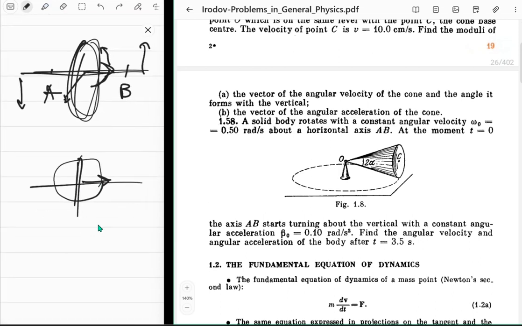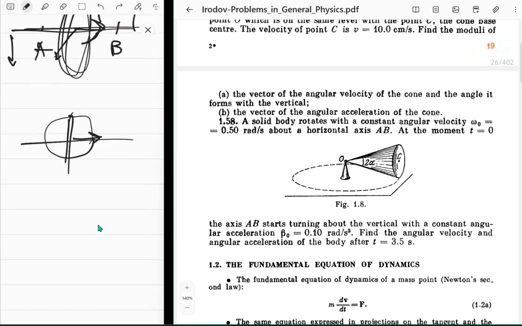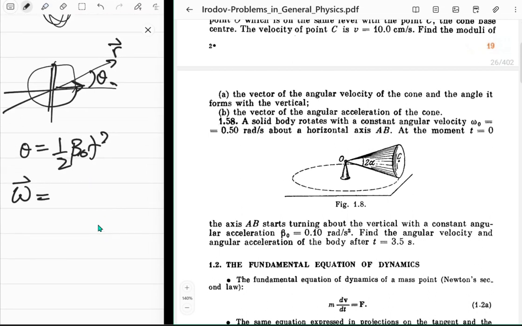Maybe it's going anti-clockwise, I don't know. It's going to go like this. Call this thing theta, right? So your theta will just be equal to half b naught t squared. Okay. And your omega vector, call this thing r hat. Let's say this thing is i hat, this thing is j hat, this thing is k hat, right?